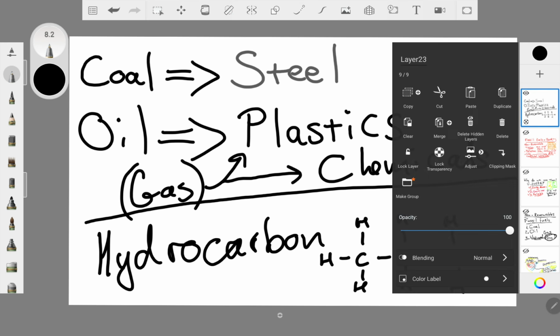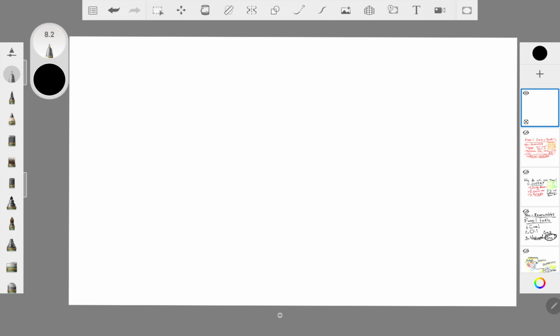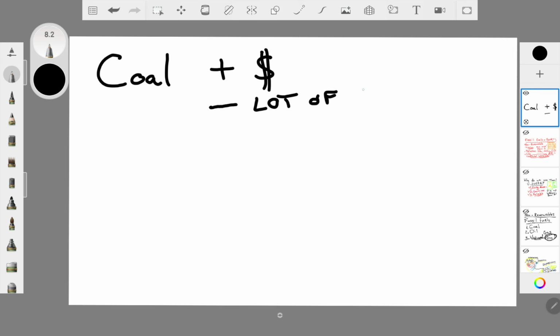Now, last thing with the fossil fuels before we move on to renewables is each one's specific positive or negative. So, coal, positives are it's cheap, okay? So it's what we use to make energy, mostly in power plants. The negative is a lot of pollution, okay?